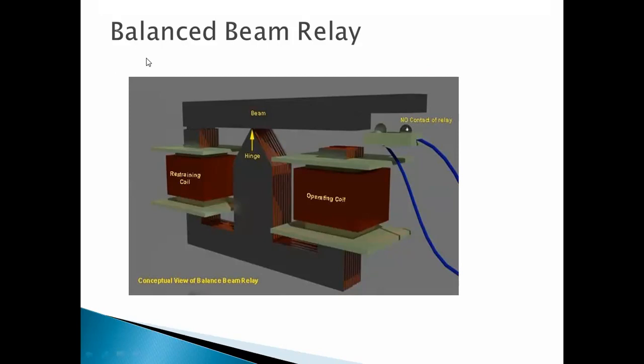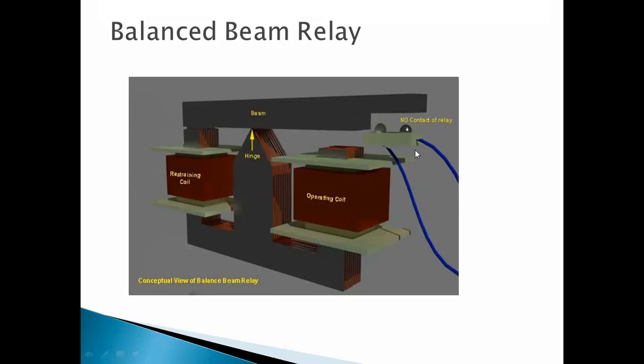Then the next one is the balanced beam type of relay. In the balanced beam relay, a separate restraining coil and an operating coil are there. Then one hinge is provided, and this one is the beam. These are the normally open and normally closed contacts.